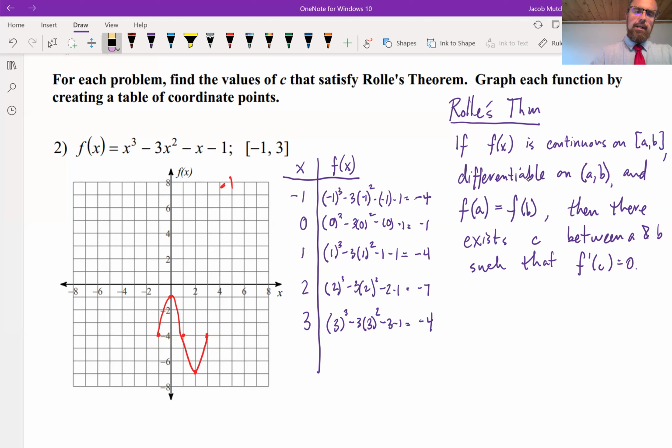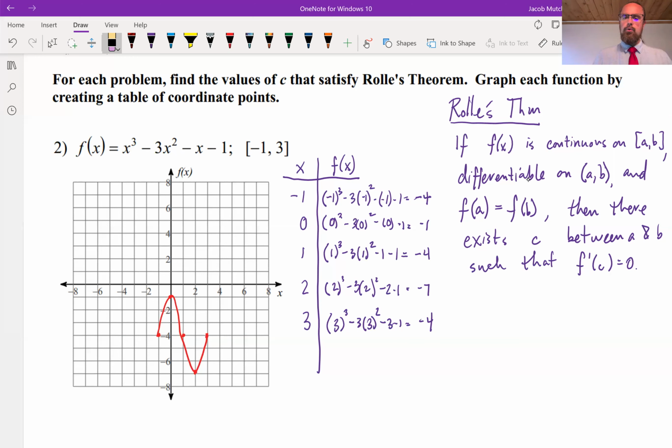And let's check to see if this function satisfies the three criteria in the hypothesis of Rolle's theorem. First of all, we do see it's continuous from -1 to 3. There's no discontinuity. It's also differentiable from -1 to 3. I don't see any corners. I don't see any cusps. So we're good on differentiability.